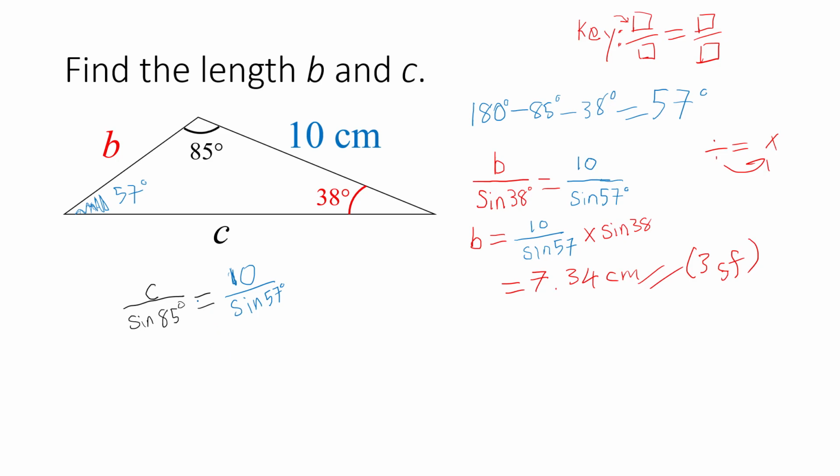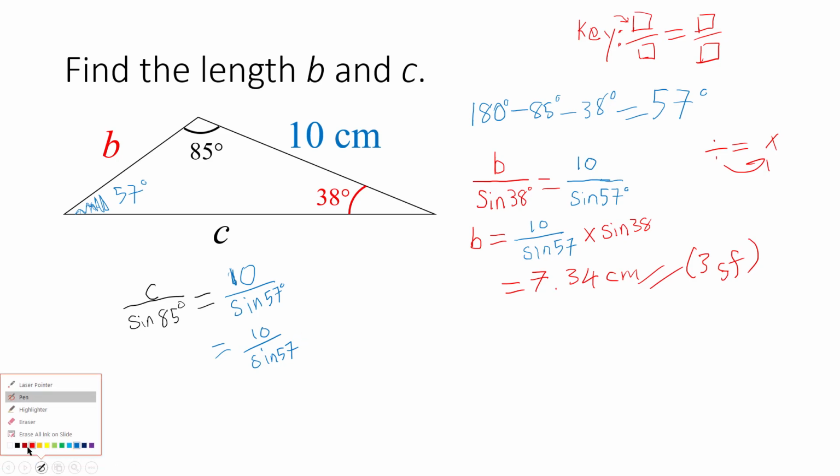And we do the same thing. Sine 85 we want to move over, and it will become times sine 85.